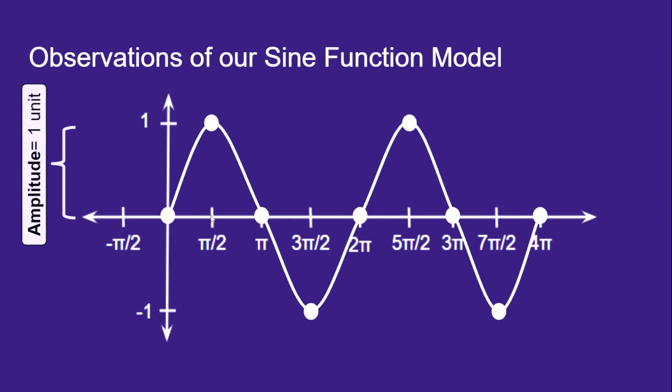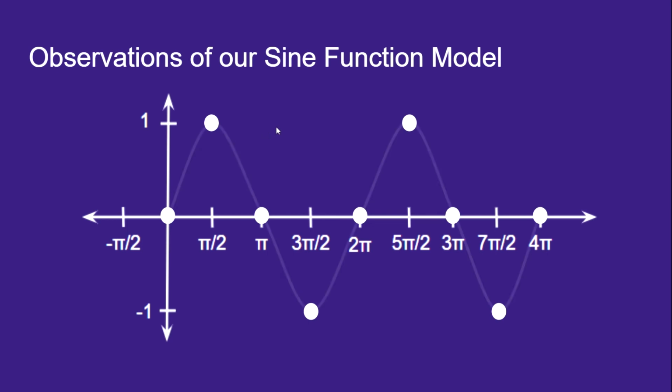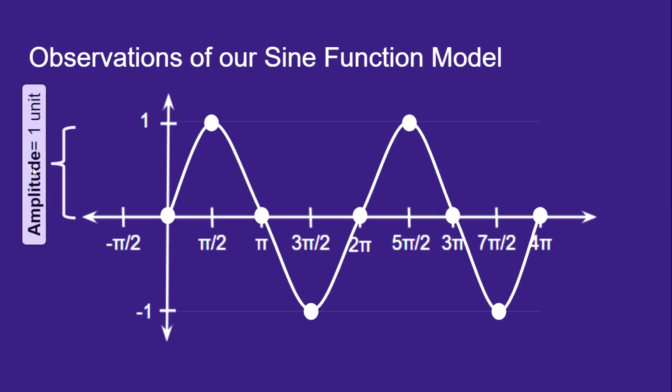However far up it goes is how far down it goes. And you might notice that it's 1 unit. Why is it 1 unit? Well, that's because if we look at our unit circle, remember guys, the radius of the unit circle was 1. So our sine function has an amplitude of 1 unit.